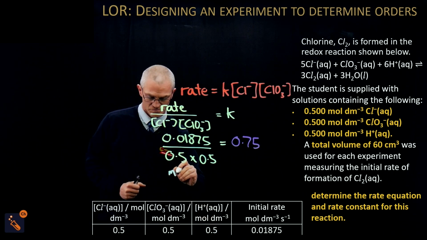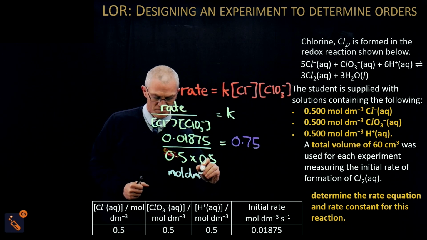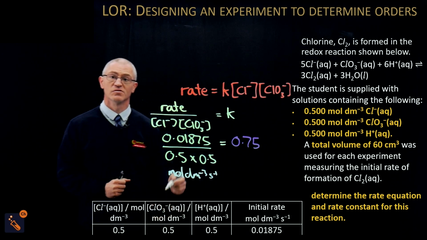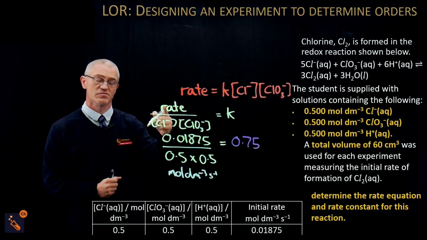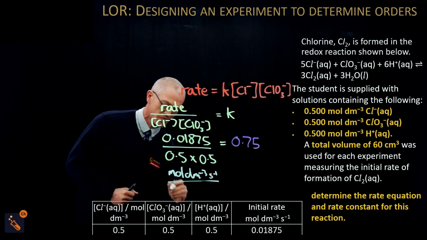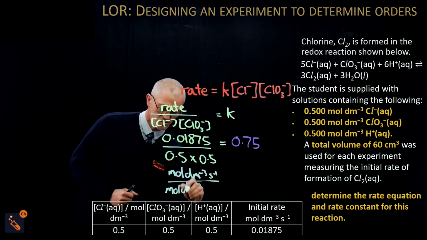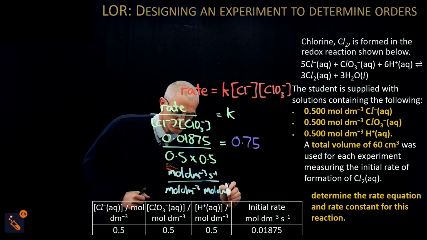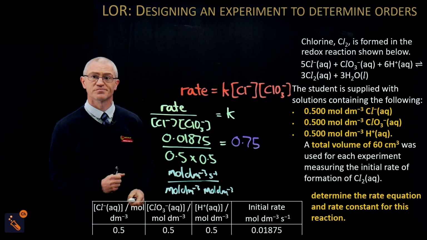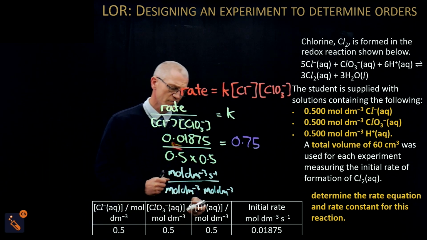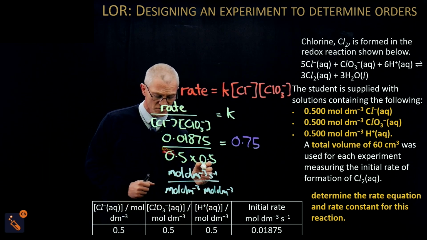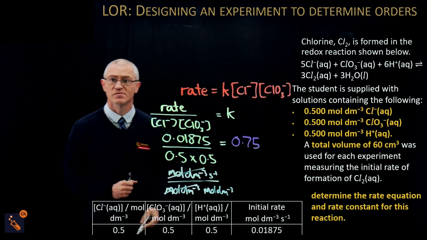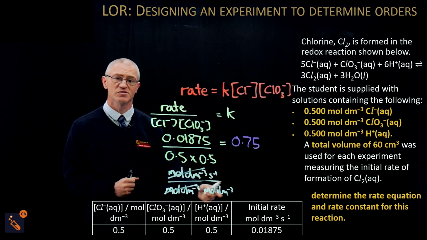Remember, moles dm^-3 s^-1, and that's for your rate. Okay, and then we'll have moles dm^-3 and moles dm^-3. Now, if that's the case, we are going to cancel that. We've got moles^2 dm^-6.